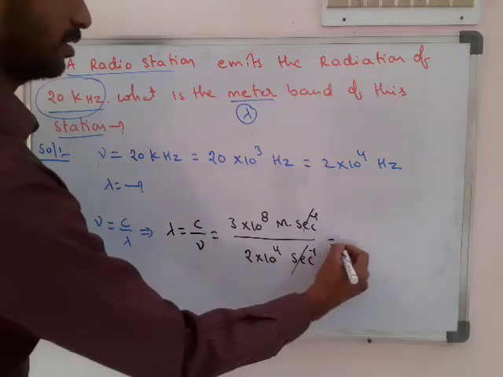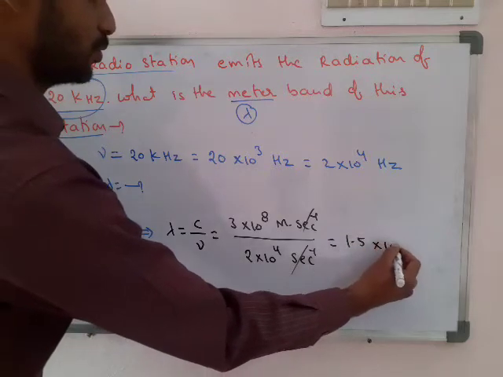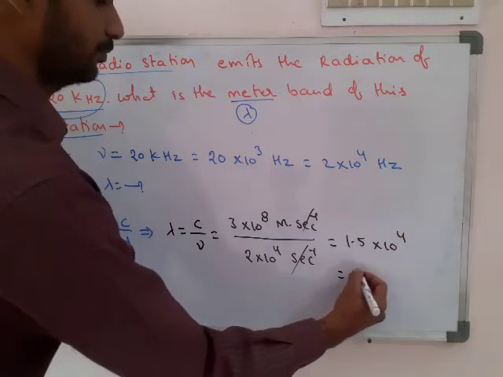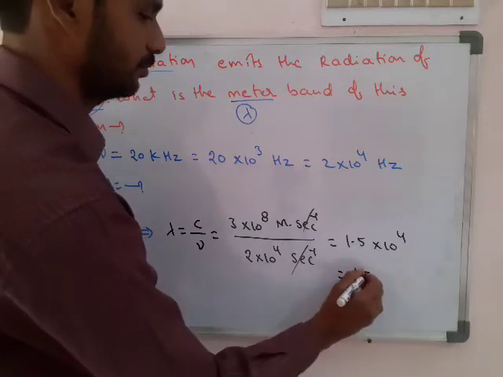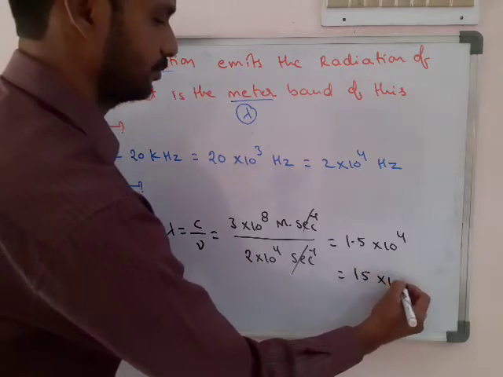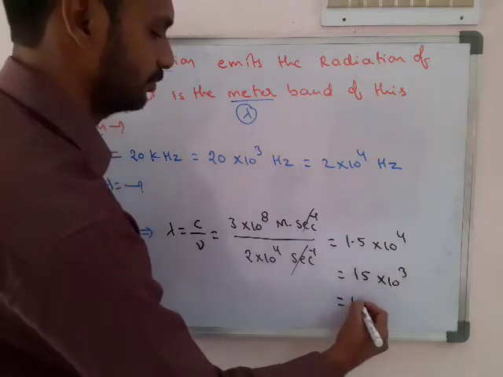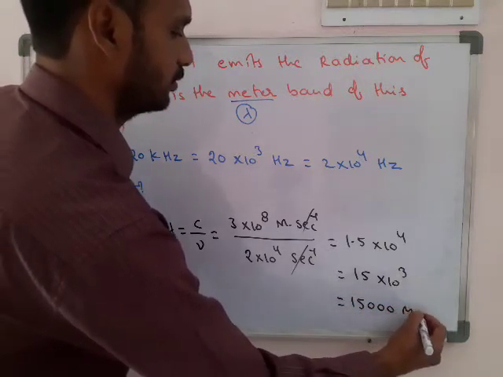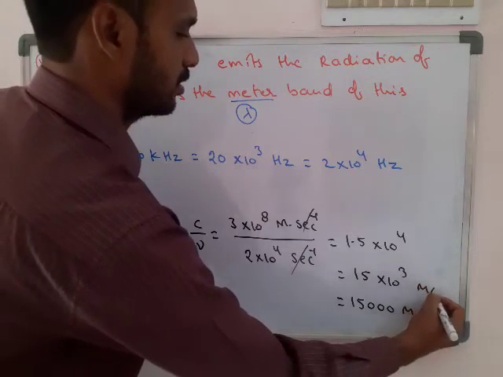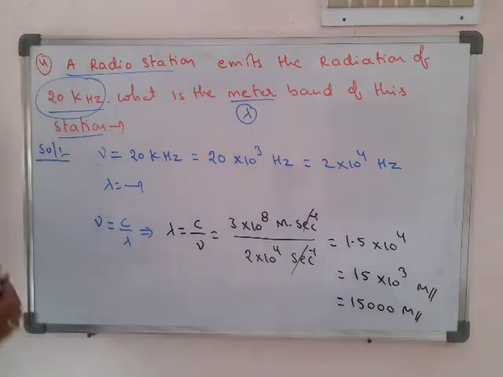So that becomes 1.5 into 10 power 4, or 15,000 meters. The lambda is equal to 15,000 meters.